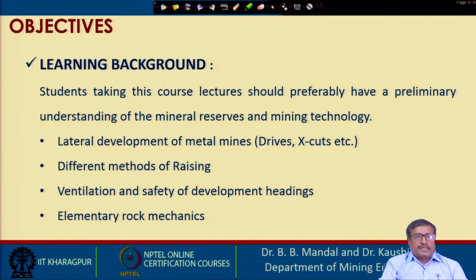So, you must understand ventilation and safety, how to improve the standards, and elementary rock mechanics, that means the support part.